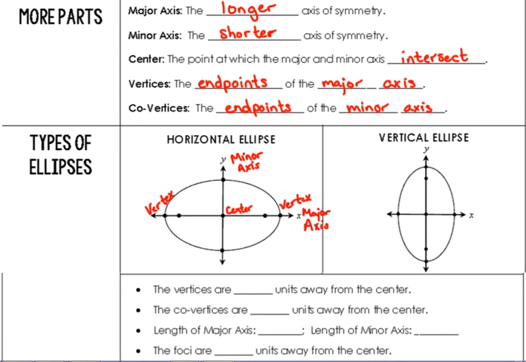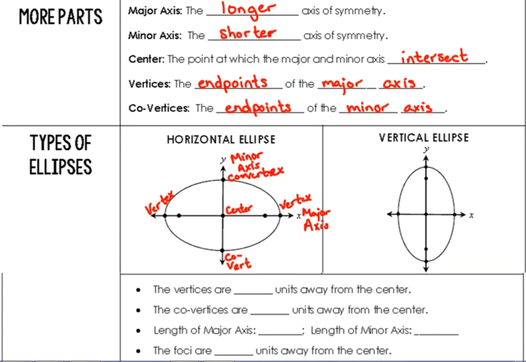They are equidistant from the center. So you may have to use that kind of idea. If they give you the two vertices, then the center is right in the middle of it. Same thing if they give you the co-vertices. The center is still right in the middle of those. That should not be plural down there.